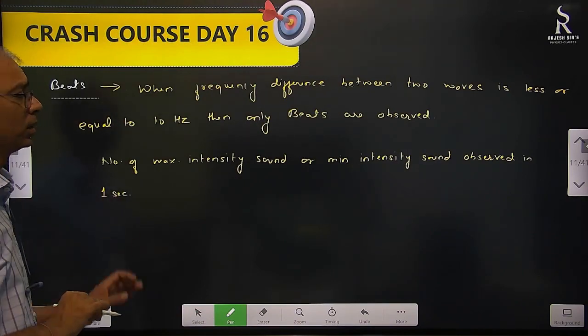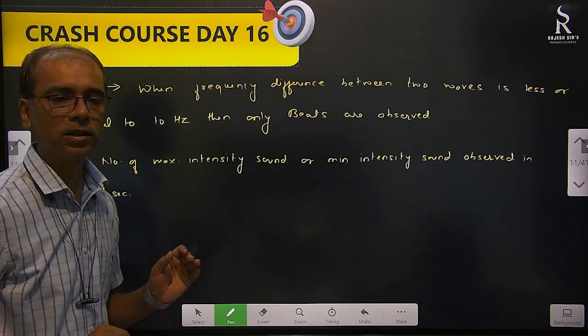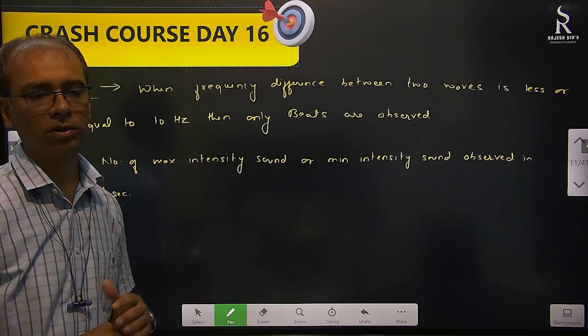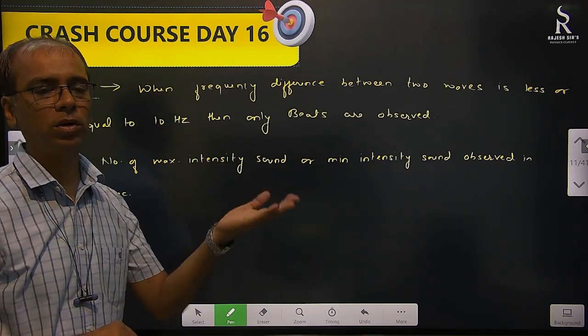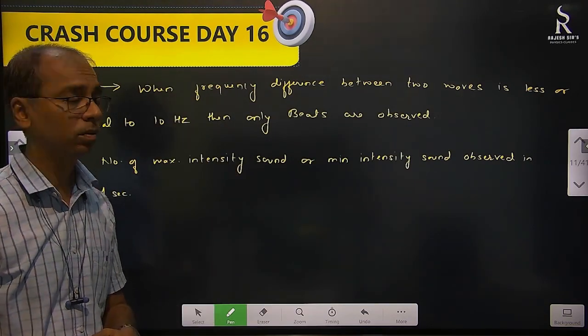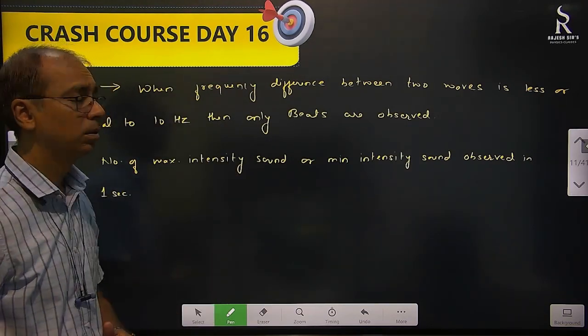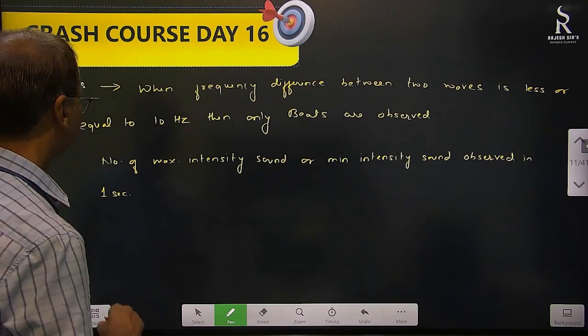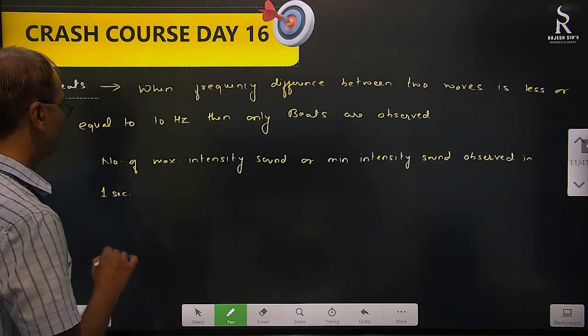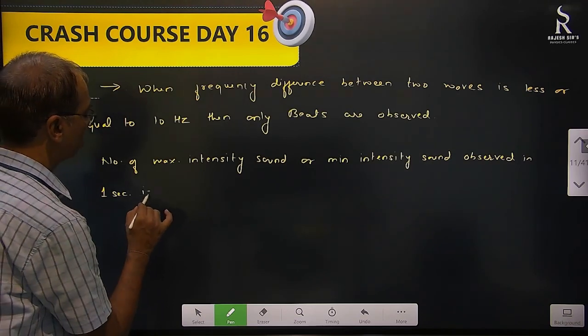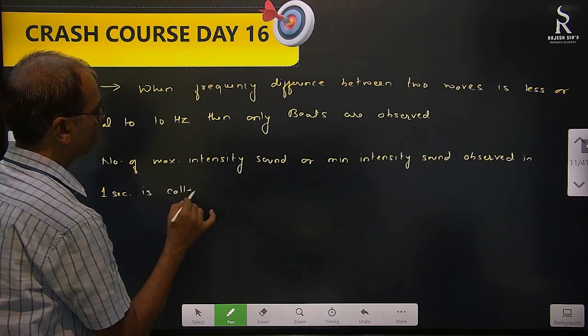That means intensity is not constant. Intensity is going to increase also, intensity is going to decrease also. So how many times maximum intensity is happening in 1 second, or how many times minimum intensity is happening in 1 second, that we call beat frequency.